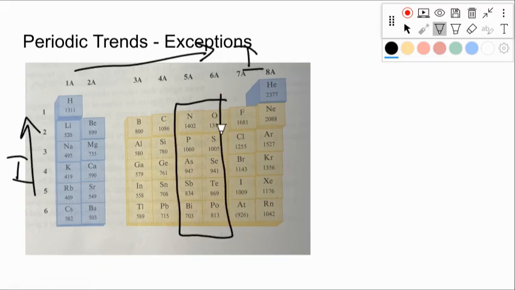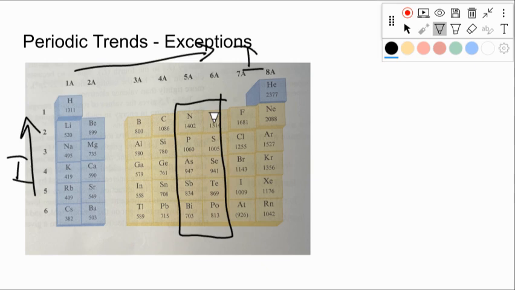there's some exceptions. So this number, it increases up, but then it drops and then increases again. It increases up and then it drops a little bit and then increases again. Increases up, drops a little bit and increases again. But the biggest drop is here between your nitrogen and oxygen.